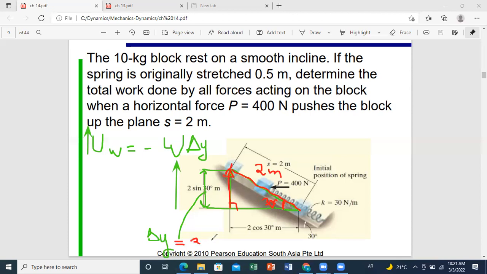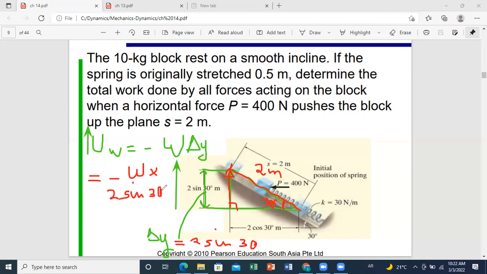And then if I replace back into my formula, I will get exactly the same result as the previous method. The negative sign will indicate it's a negative work. So it's minus W times 2 sine 30. Which is exactly the same result we obtained with the first method.